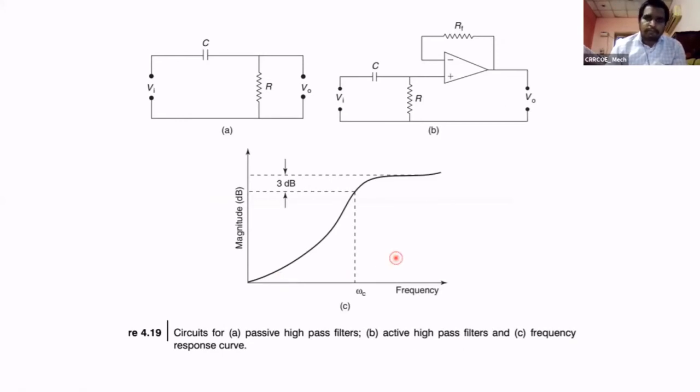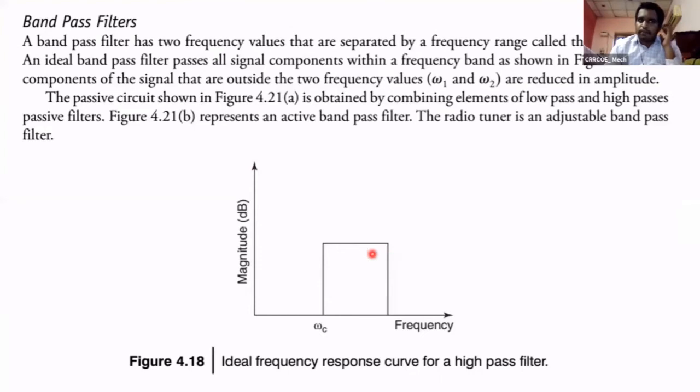Next one, band pass filters. The band pass filter is the third type of filter. Here we are fixing a certain band, a certain range. Suppose this is the omega 1 frequency and here omega 2.